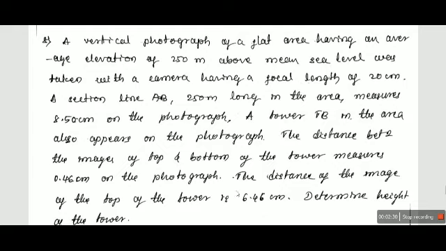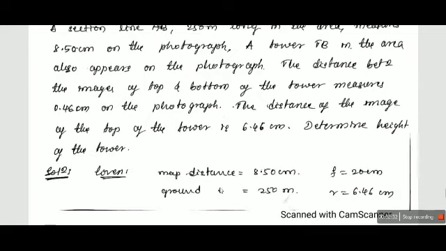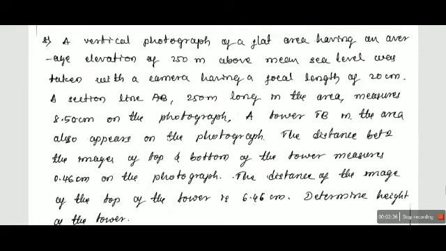This is small r. First we have to find out capital H, then later the height of the tower, small h.